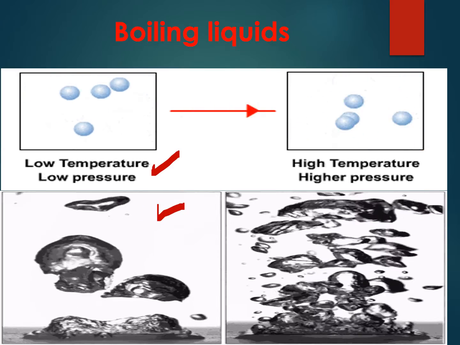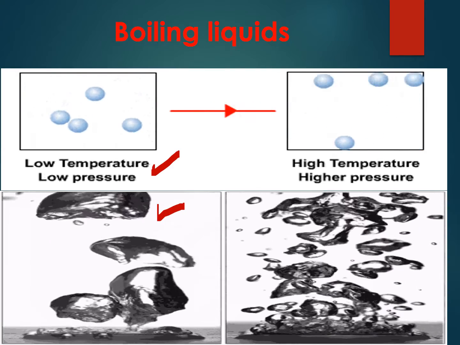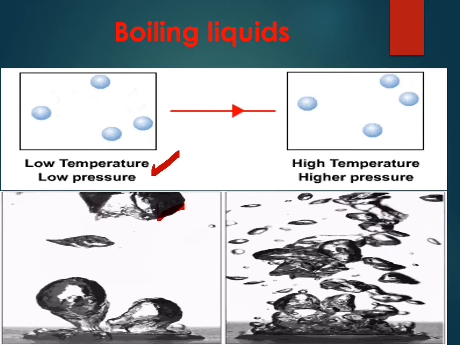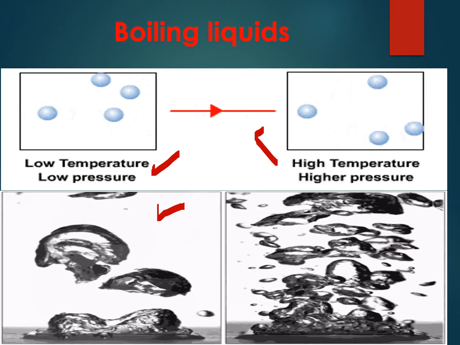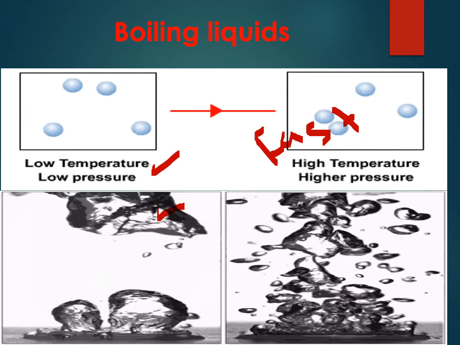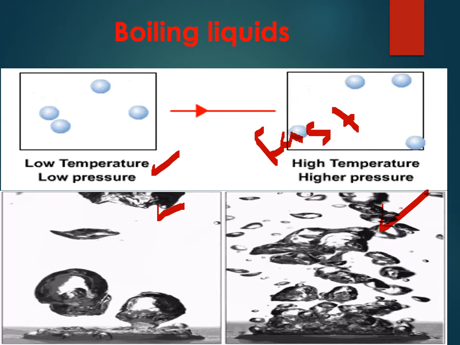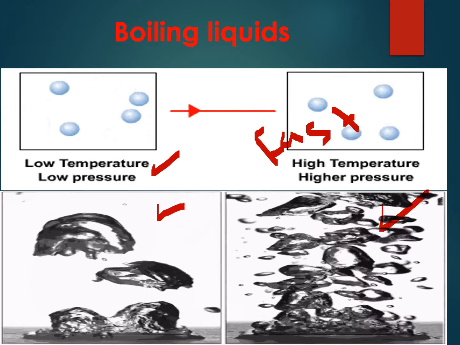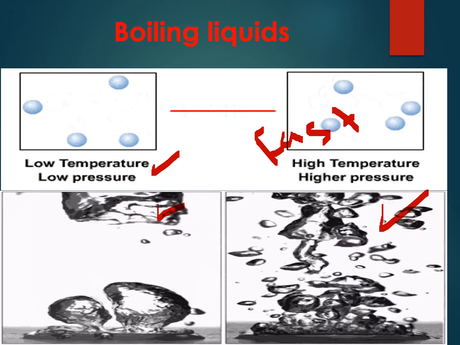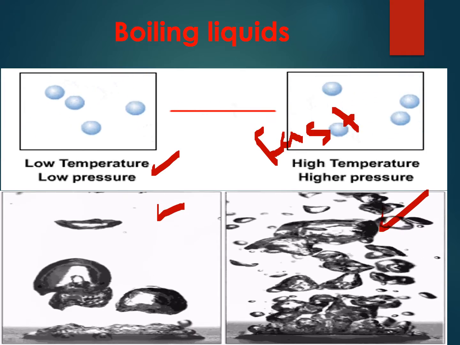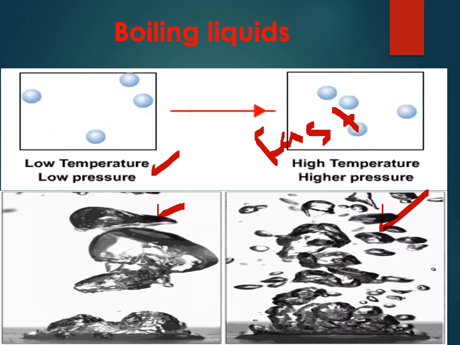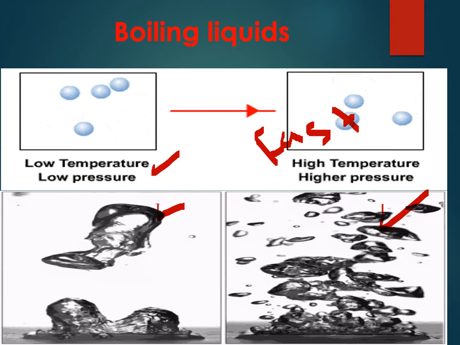After a time, high temperature, higher pressure, the particles are moving very fast. Also here, particles move faster because the temperature is very high and the energy is more, so they gain heat and energy, so the particles will move faster.